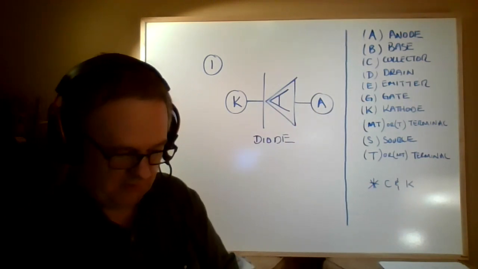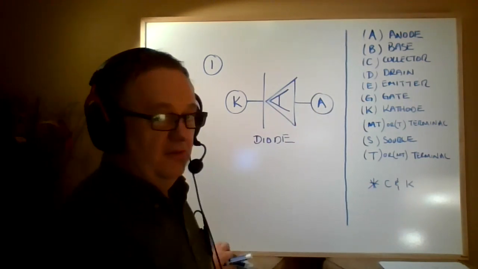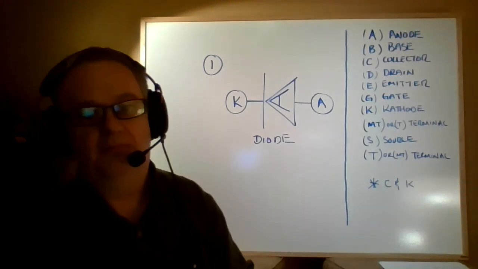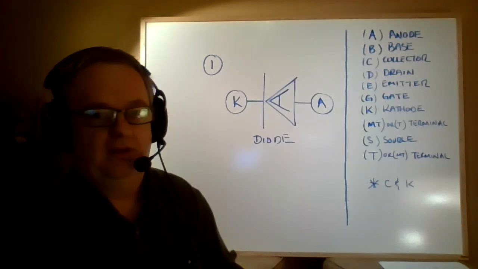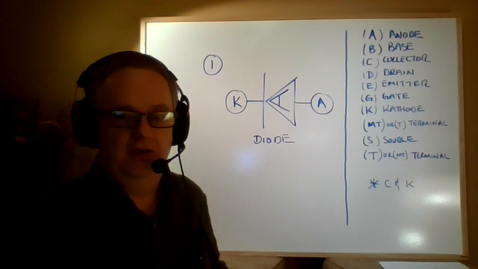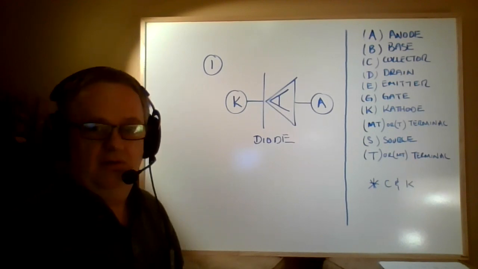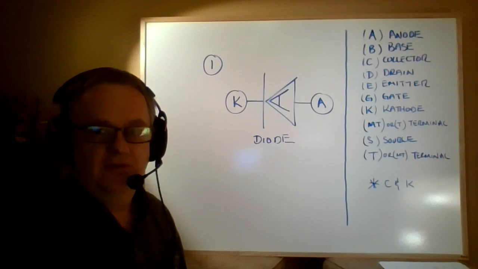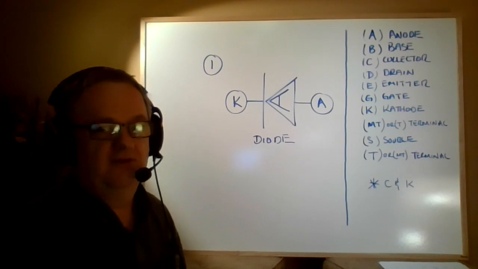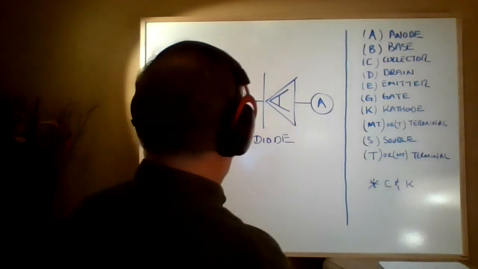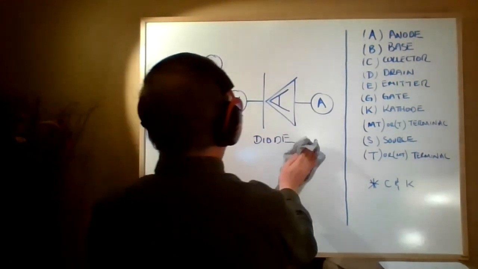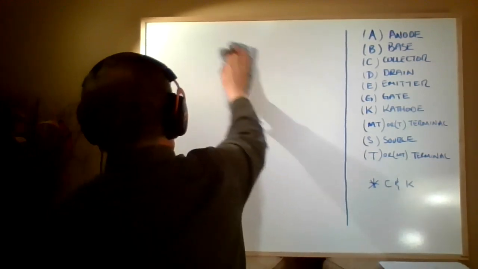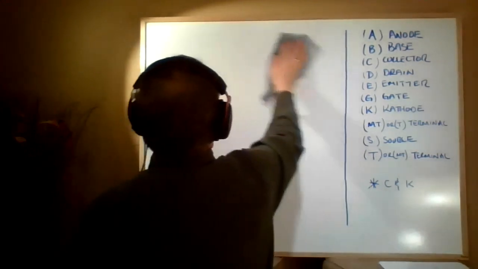Now, I'm going to move along. I'm going to draw the symbols for you and number them. And then what I want you to do is do your research and write down the name of the actual component and place the letter designator that shows which lead is which, okay? So I'm going to get rid of this, and I'm going to show you number 2.